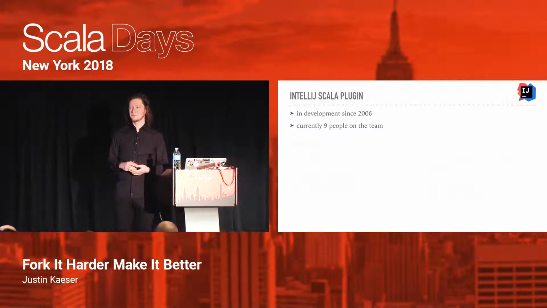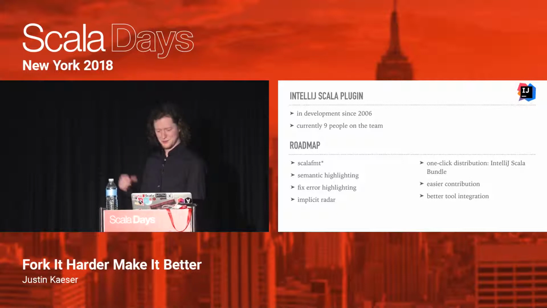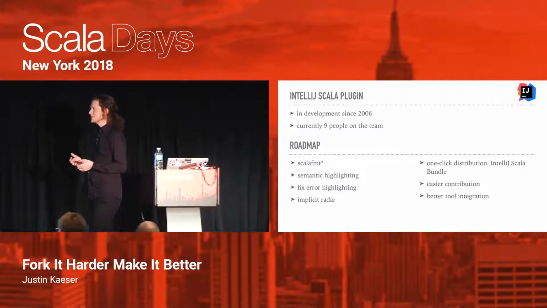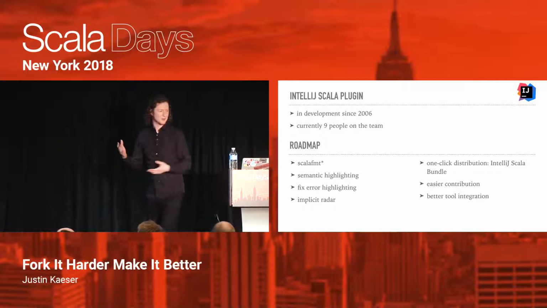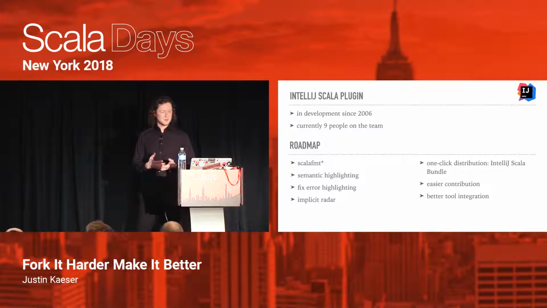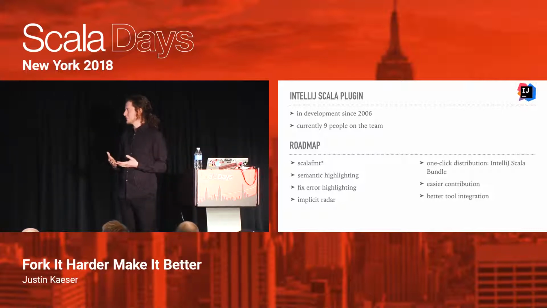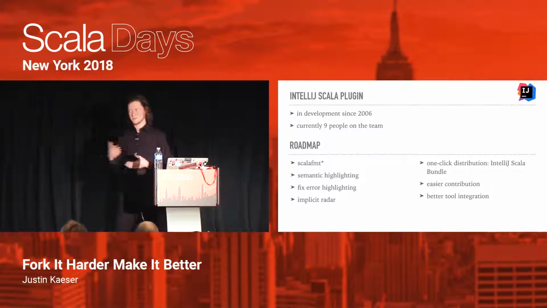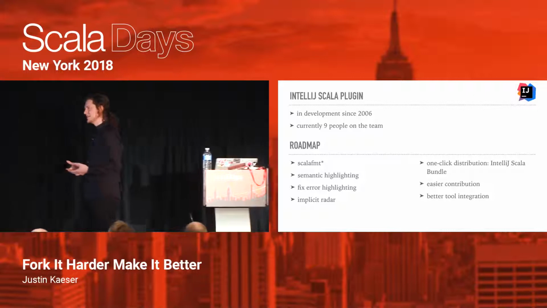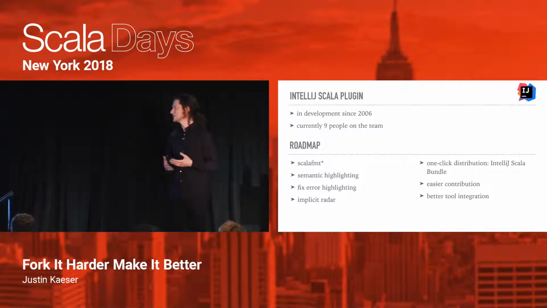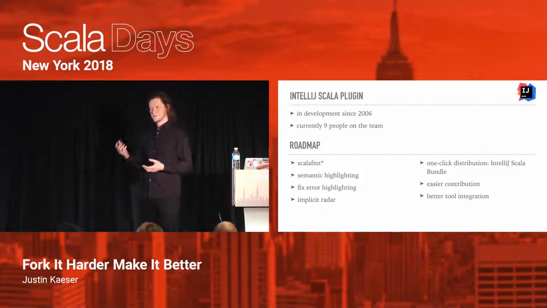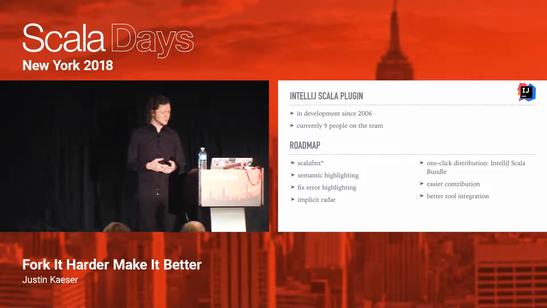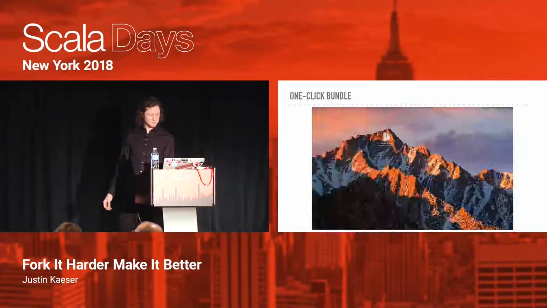Currently there's 9 people on the team, and we have quite a lot of things on the roadmap, closer and farther term, such as Scala format support, better semantic highlighting, fixing the error highlighting one by one, and maybe in future more thoroughly a cool thing I'm calling implicit radar, making the first step easier with a one-click distribution, and other things.